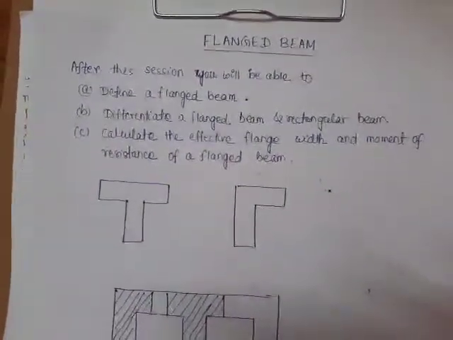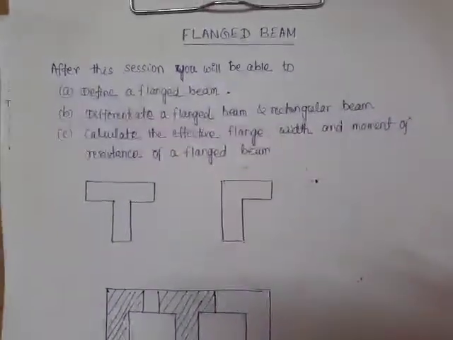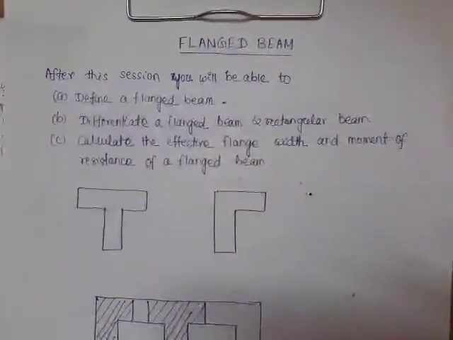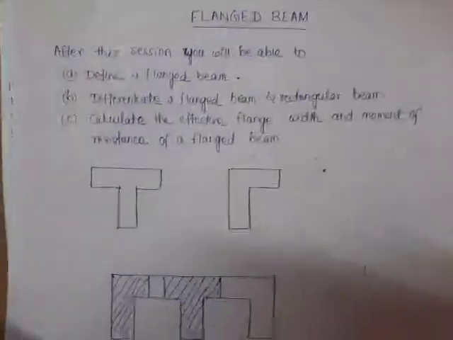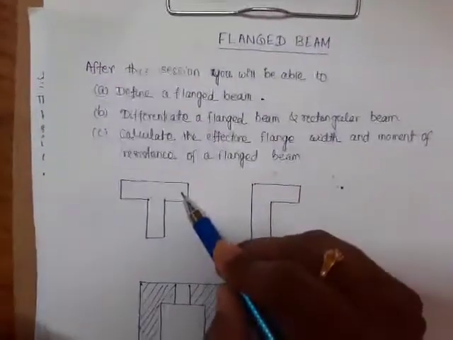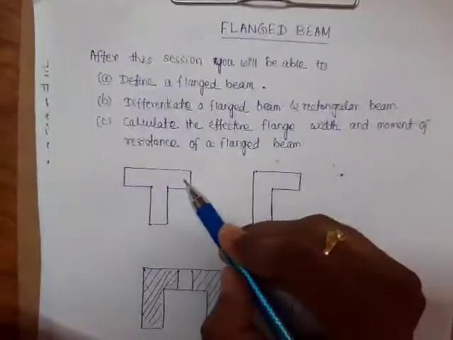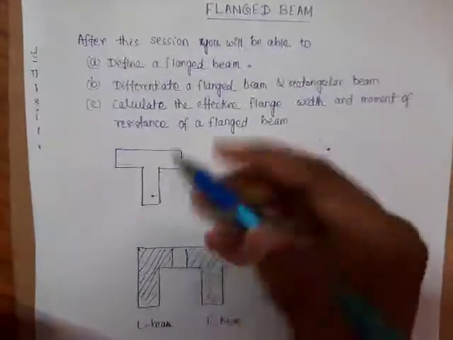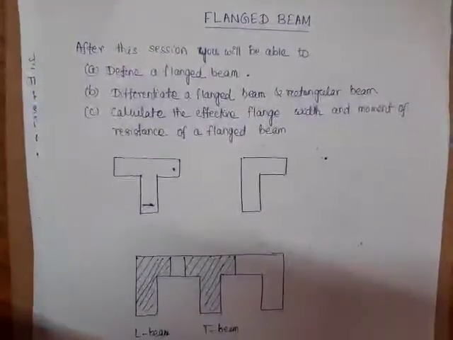So first, let us discuss what is a flanged beam. Generally, what happens in practice is that when the construction material of beam and slab are the same, they are cast simultaneously or monolithically. In that case the concrete in the slab portion is on the compression side of the beam and can be made to resist the compression force, and the tension can be carried by the steel in the tension side of the beam.